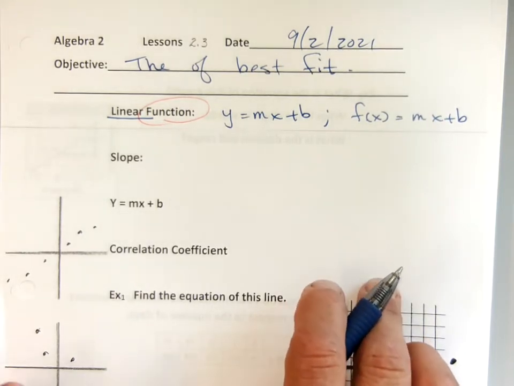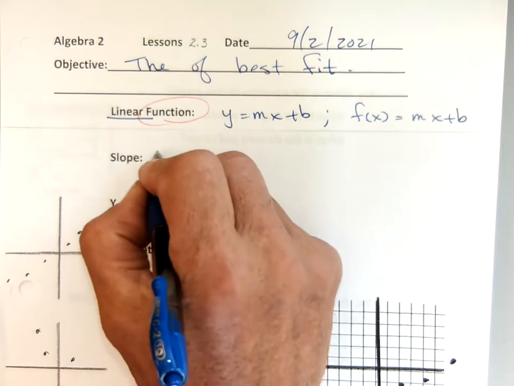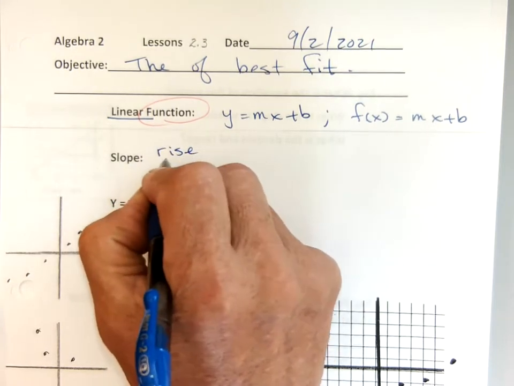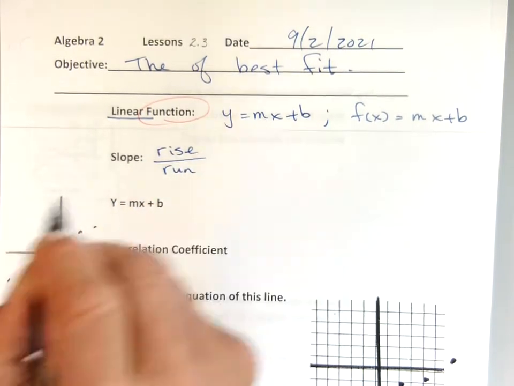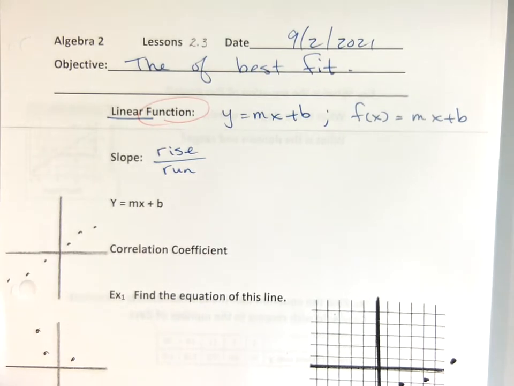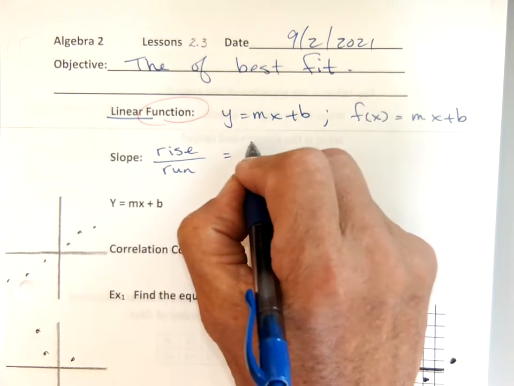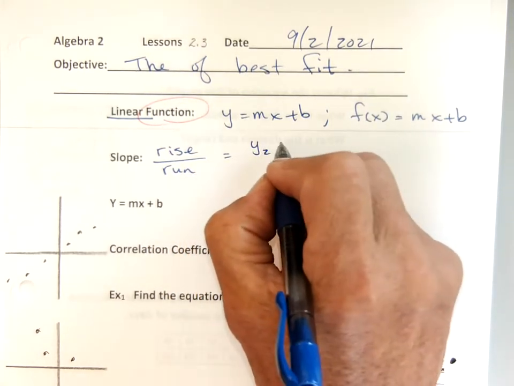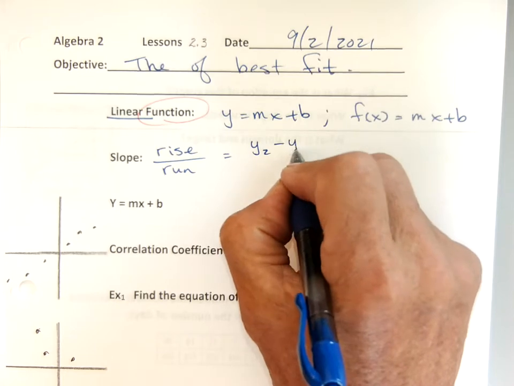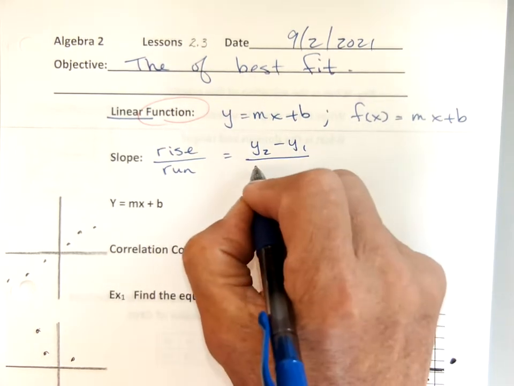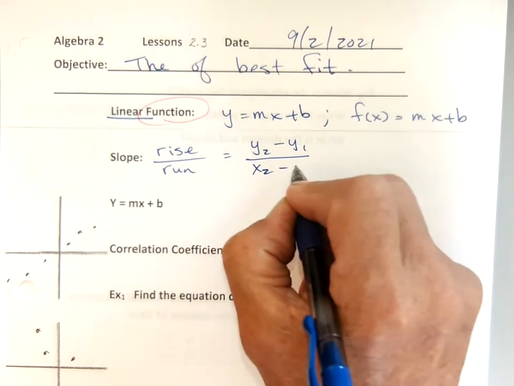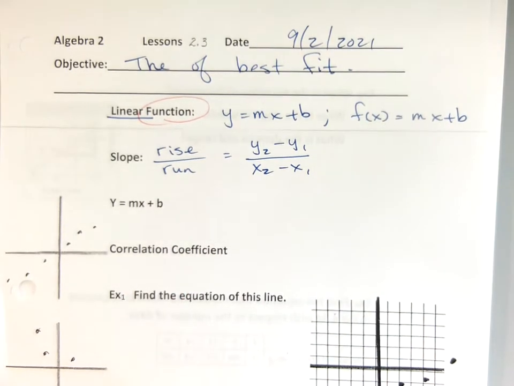Slope, we know what slope is: rise over run. But we have a formula we learned back in geometry: y2 subtract y1 over x2 subtract x1.